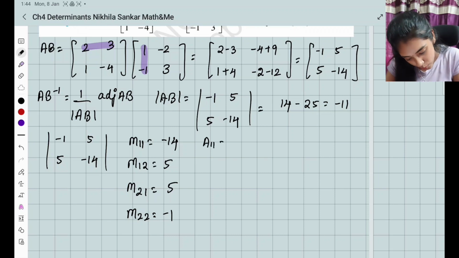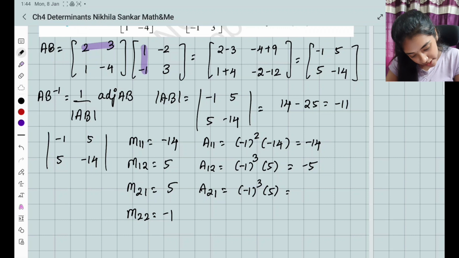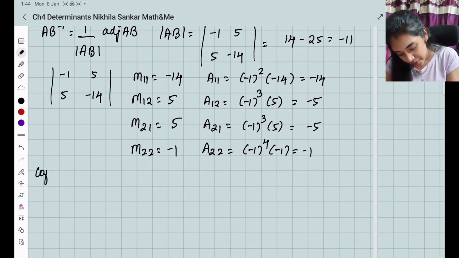Okay, now A11 equals minus 1 to the power 2 times minus 14 which is minus 14, then A12 equals minus 1 to the power 3 times 5 which is minus 5, then A21 equals minus 1 to the power 3 times 5 which is minus 5 again, then A22 equals minus 1 to the power 4 times minus 1 which is minus 1. Now what will the cofactor matrix look like? The cofactor matrix of AB is going to be minus 14 minus 5, minus 5 minus 1.